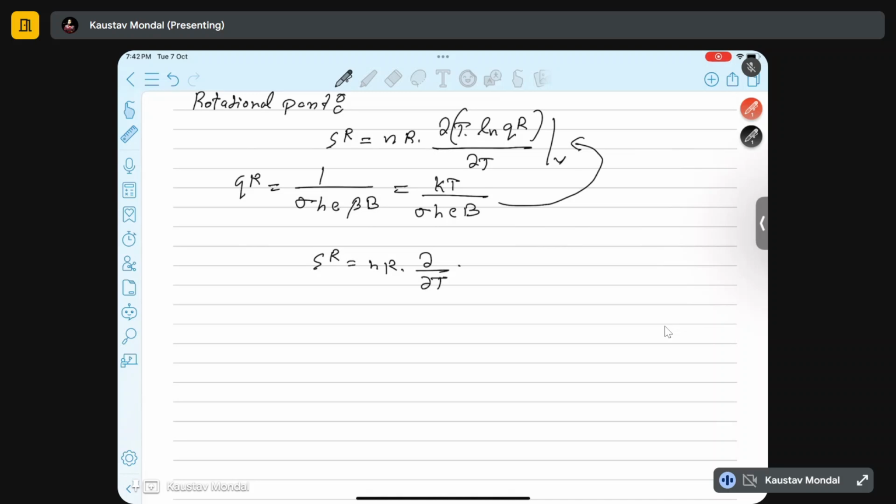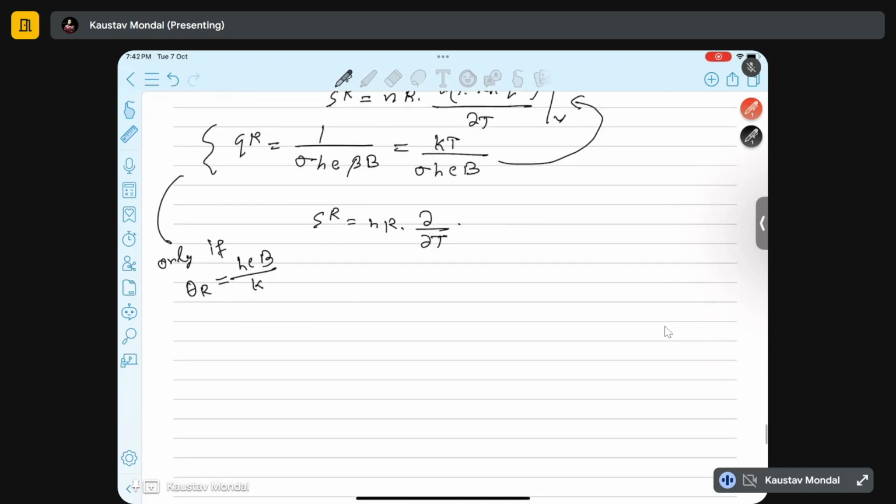Now one more thing is that this rotational case is only possible, we can only take this, if theta R, the characteristic rotational temperature, whose expression is given by hcB by k, is small. So the temperature of the experiment should be greater than or equal to theta R. Under that condition only this is true.